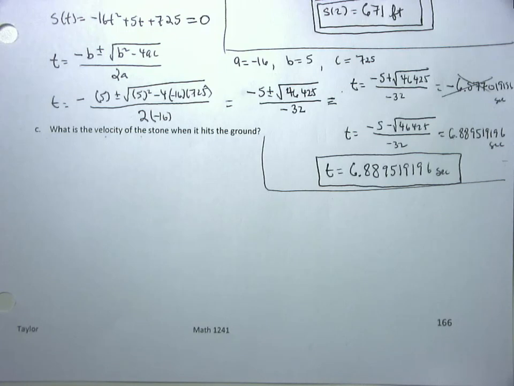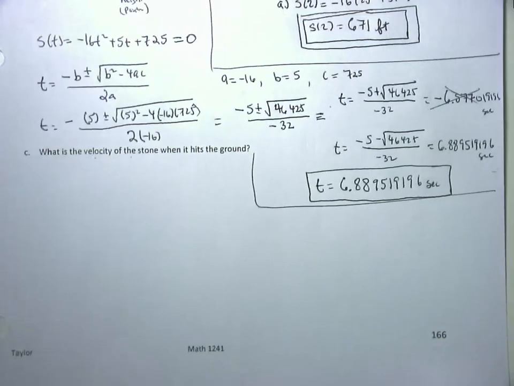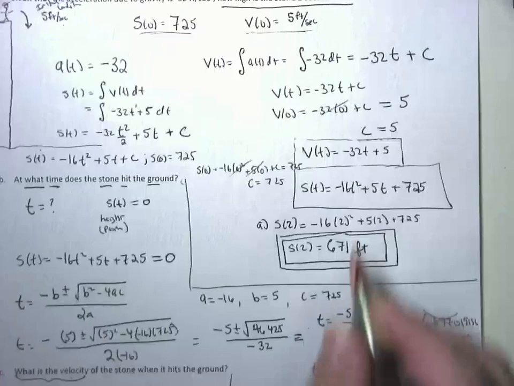Let's say we threw the stone off the roof and hit somebody in the head. At what velocity did it actually hit him in the head? I want to know what this stuff is. Does this make sense? Very physics oriented. But to know the velocity, I want my velocity equation. No problem, we went back and solved that.